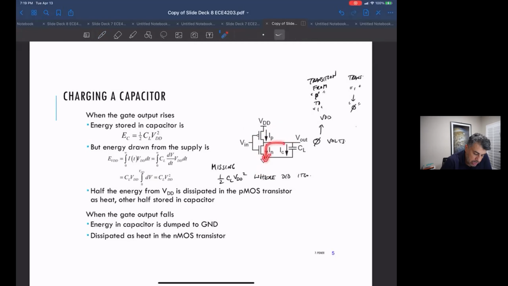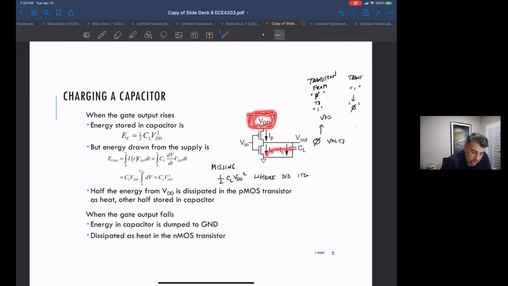Now notice in that case, we are disconnected from the power supply. So we're only pulling power from the power supply when we're doing a 0 to 1 transition. When we're doing a 1 to 0 transition, we're not pulling any power out of the supply.